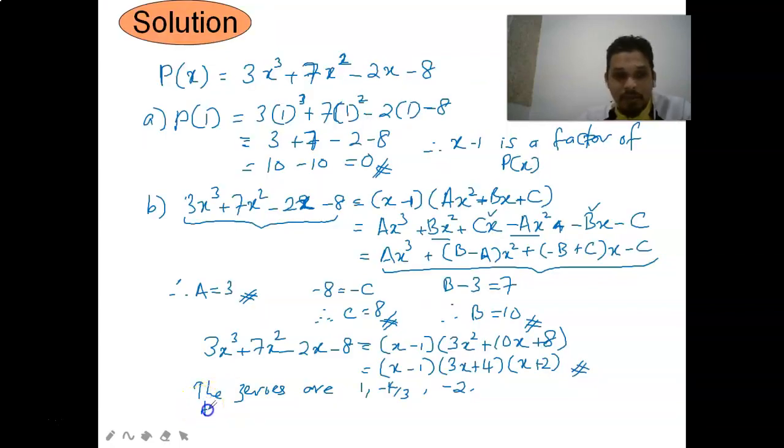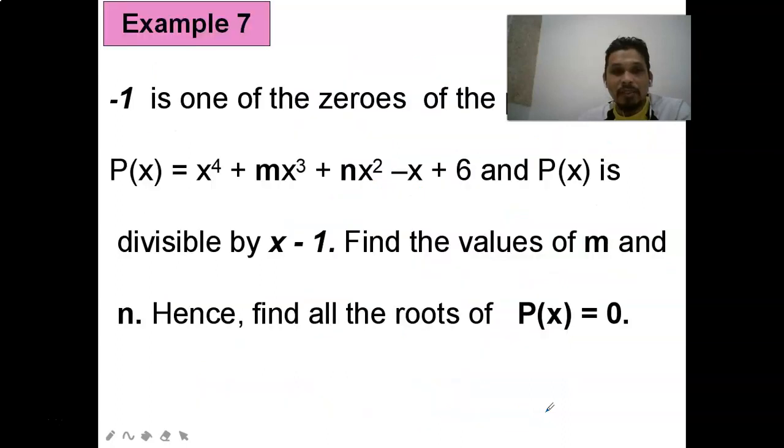So the roots are x equals 1, x equals negative 4 over 3, and x equals negative 2. Okay, so that's the solution for the example question here.